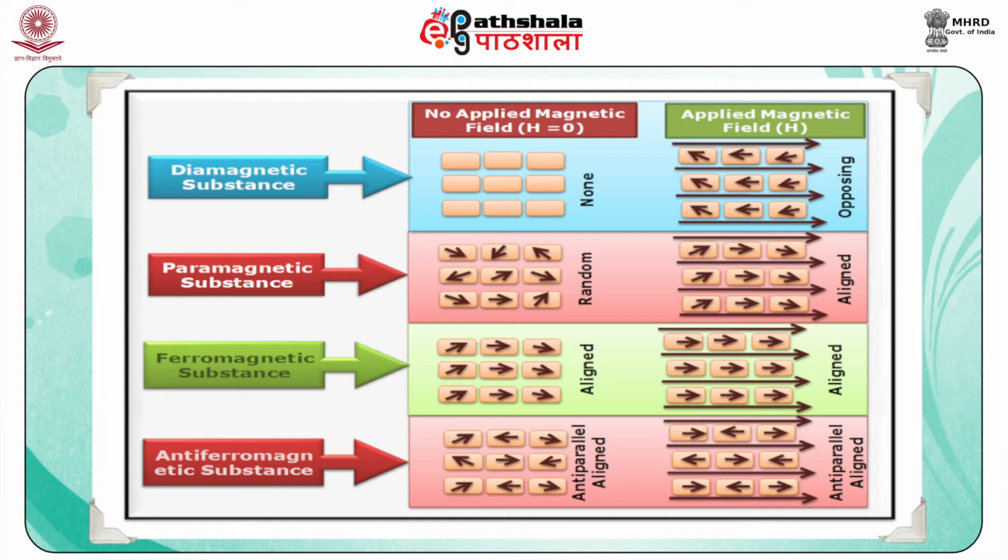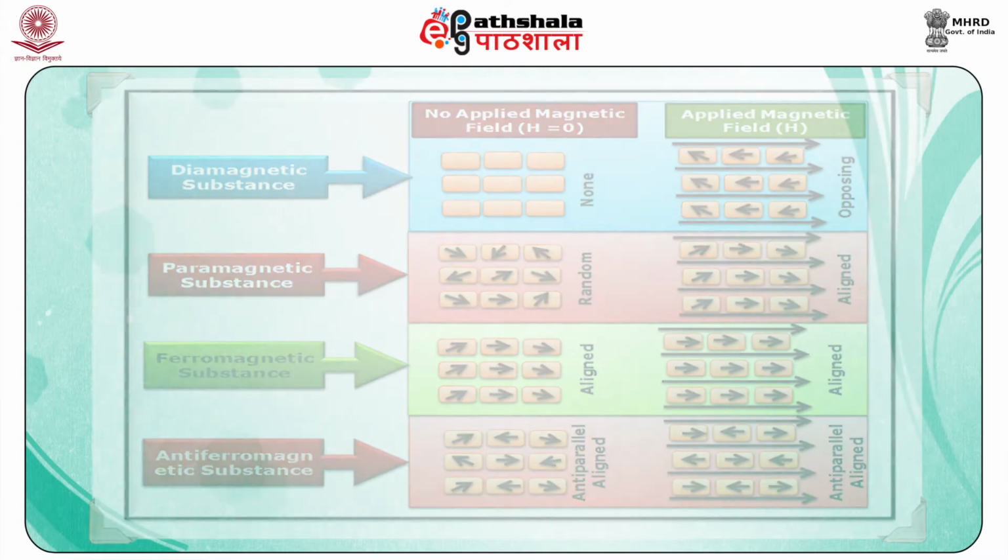Examples are free atoms, free radicals and compounds of transition metal containing ions with unfilled electron shells. It also occurs in metals as a result of the magnetic moment associated with the spin of conducting electrons. For example, aluminium, chromium, molybdenum, sodium, titanium and zirconium, etc.